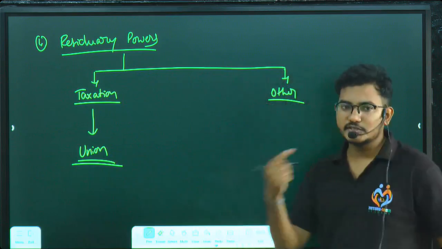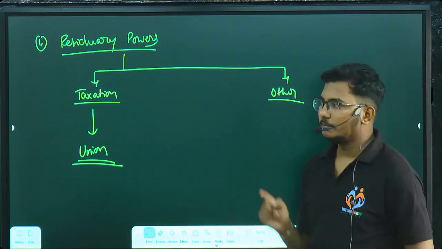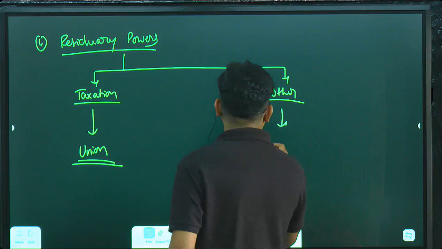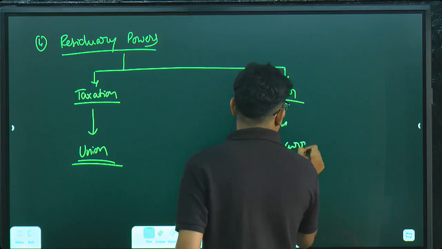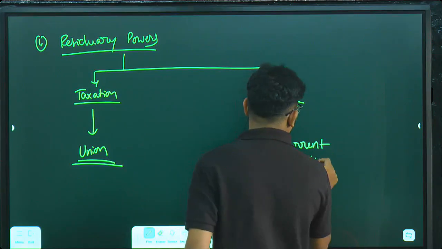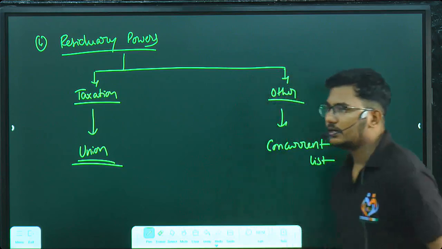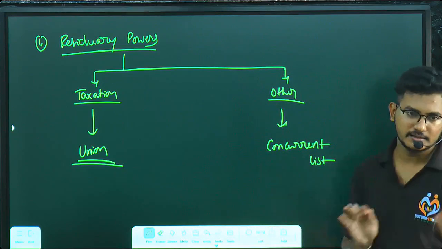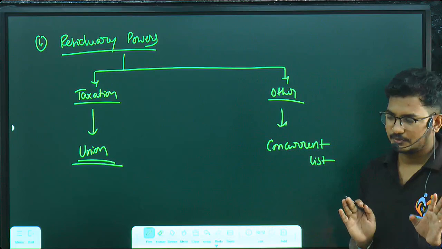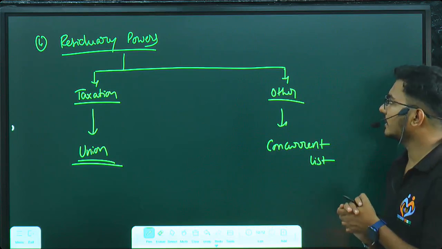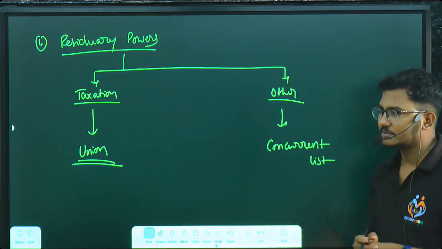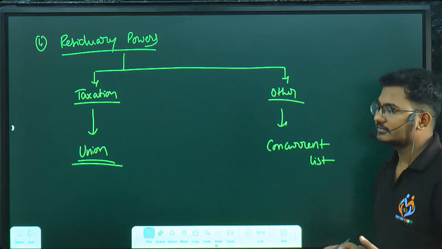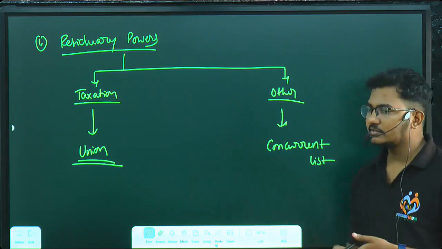But other residuary powers must be included in the concurrent list, which means both can make law on it. Okay, so the Sarkaria Commission divided residuary power into two types. One under taxation, the second is other residuary powers.